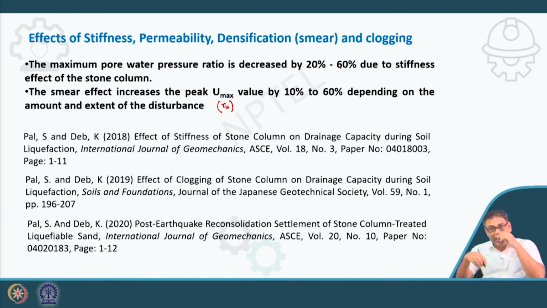But due to the smear effect, the drainage performance will decrease, so the RU value will increase by 10 to 16%. The smear effect increases the peak RU value, and that depends on the extent of the disturbance or the densification effect.